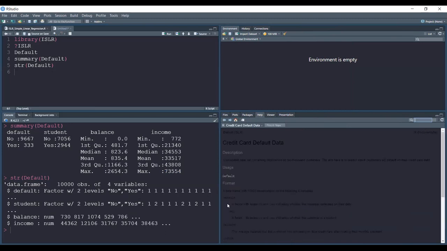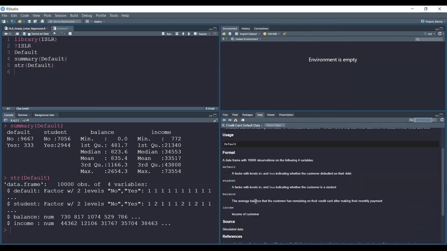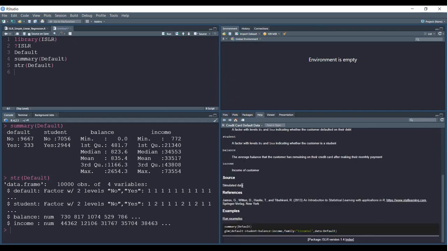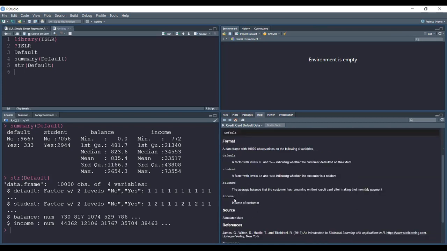And if we click on default, the documentation describes each variable. It also tells you where the data is from. Oh, okay. So it's actually just simulated data. It's synthetic data. It's not actually collected anywhere. So the income is the income of the customer. The balance, I mean, balance could mean so many different things.